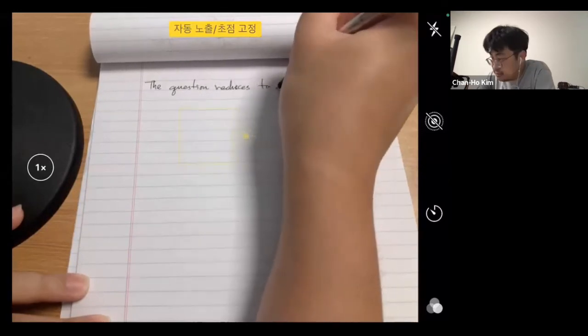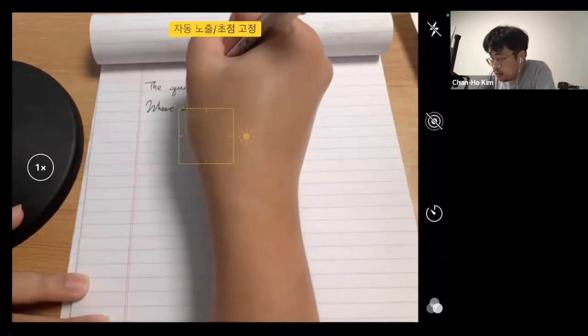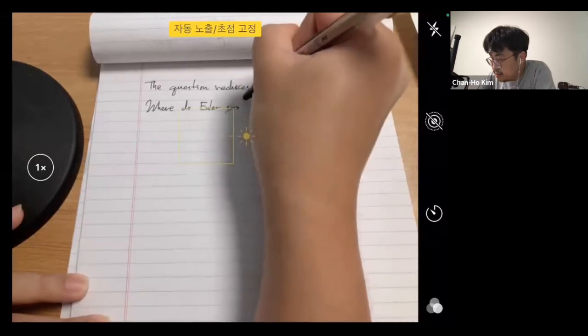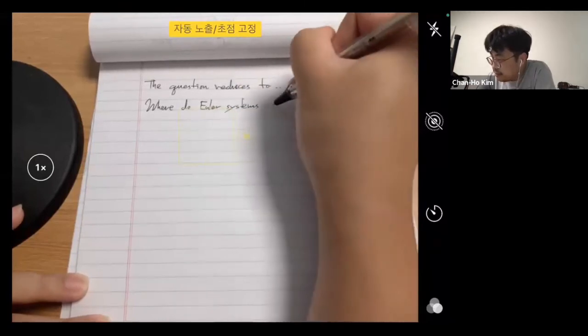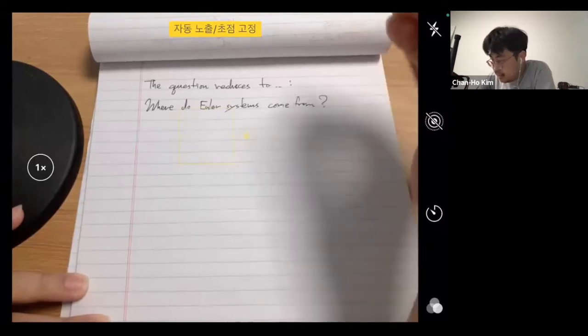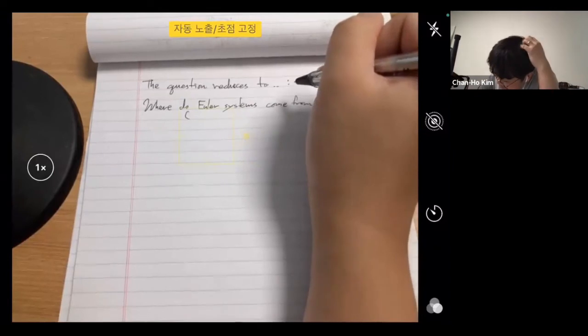In the theory of Euler systems, this is the most difficult question.